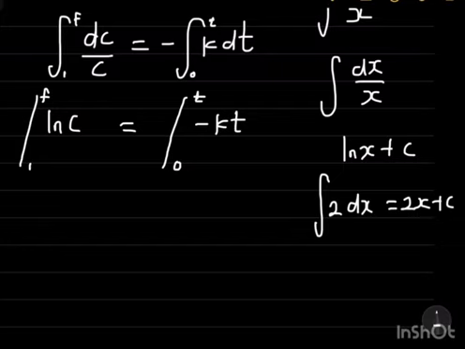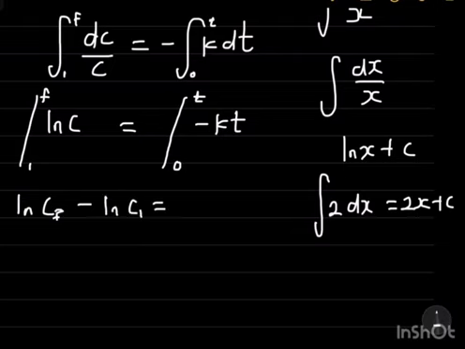Okay, now let's express the boundaries. Ln C, as C is changing from initial state to final state, so we subtract the lower boundaries from the upper boundaries. Here we represent the upper boundary first, then we subtract the lower boundary from it. So therefore we have ln C final minus ln C initial.